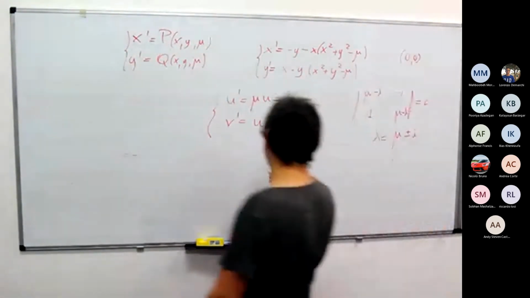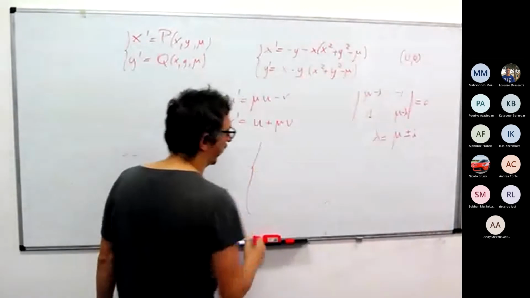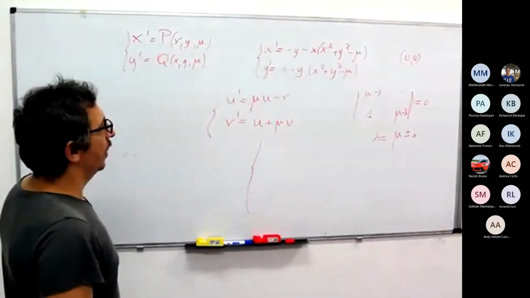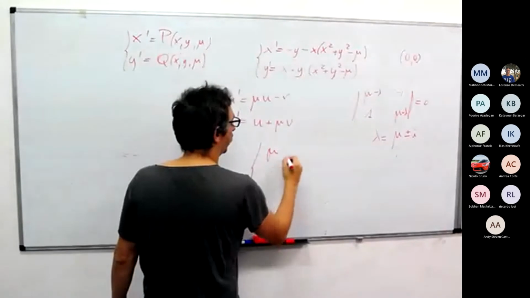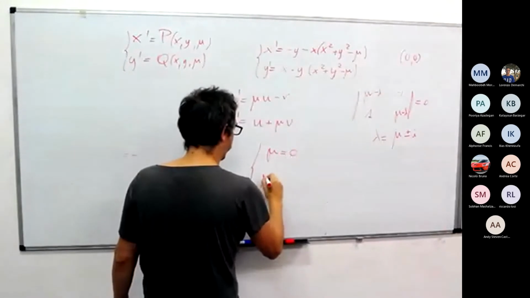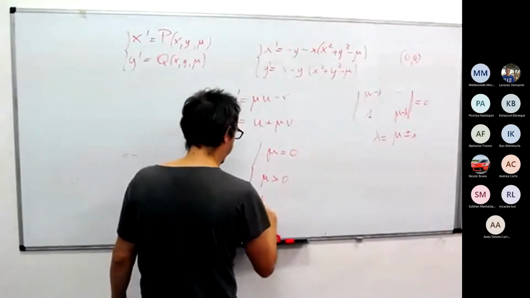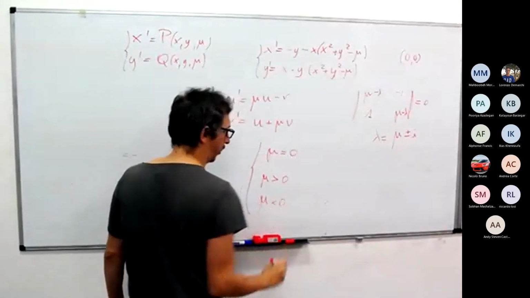So what are here the three possible cases? I can have mu equal to 0, mu larger than 0, and mu smaller than 0.